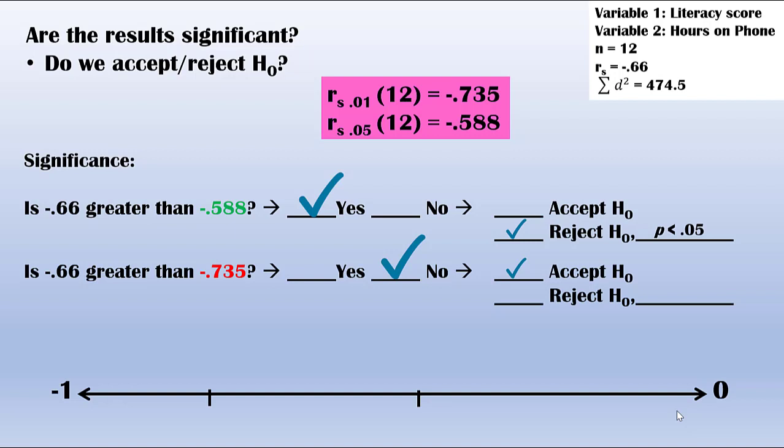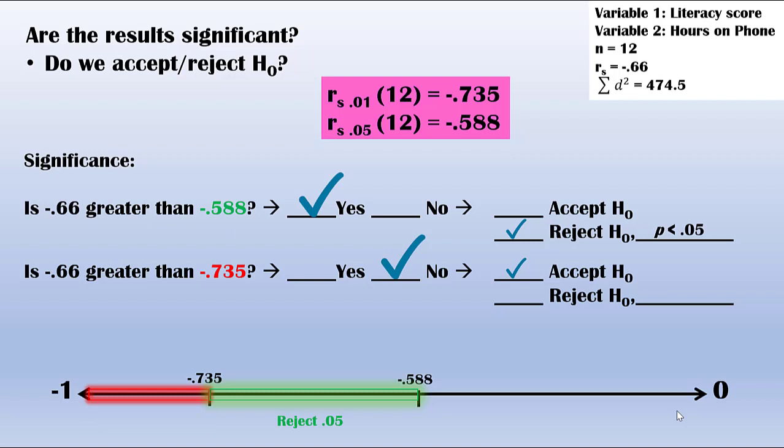This still looks like a normal number line, but since it's negative, it's going a little backwards. So let's plot those critical values. We've got negative 0.588 somewhere in the middle of 0 and -1, and then negative 0.735 a little bit closer to -1. Anything in this green area here is going to be the reject at the 0.05 level.